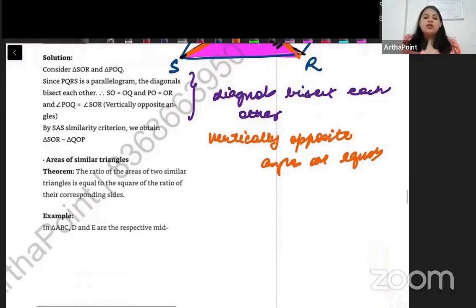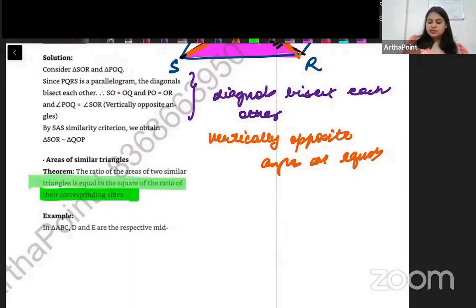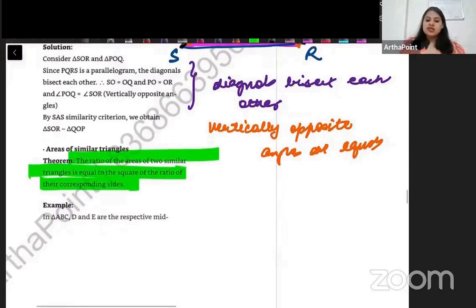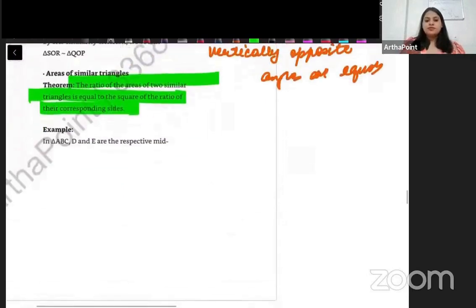Right? Now come to the next theorem, beta. The ratio of area of two similar triangles is equal to the square of the ratio of their corresponding sides. So once I find the ratio of the area, it should be equal to the square of the ratio of the corresponding sides. Take an example, beta.